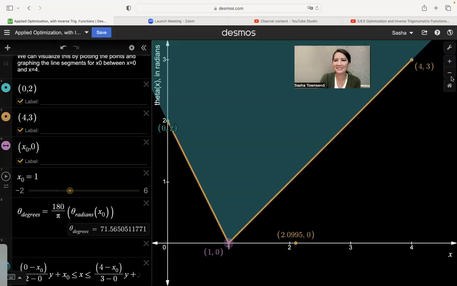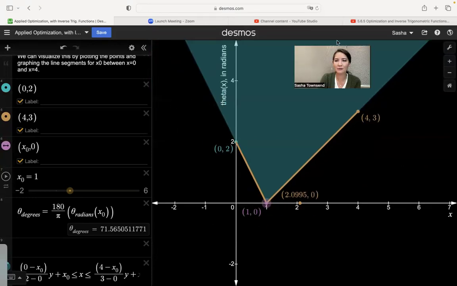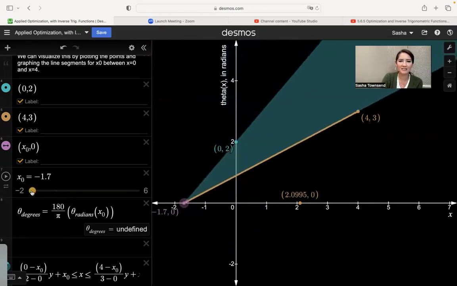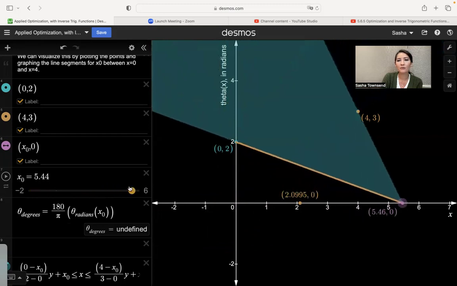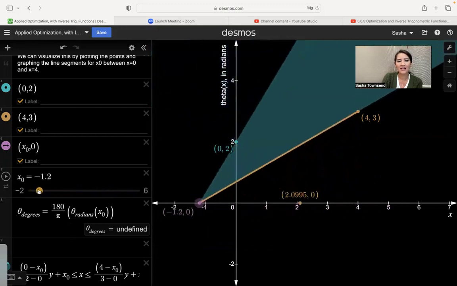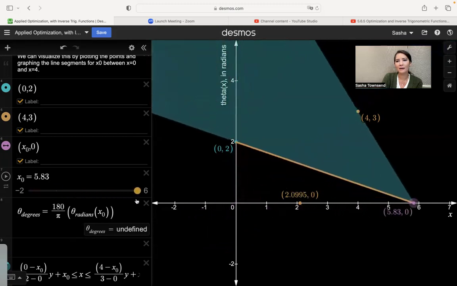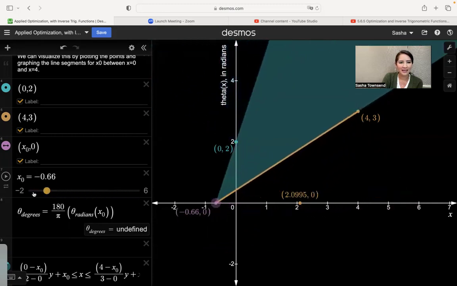So this is our image of those two line segments. We can change the value of x naught. Now, if we want to, we can let our x naught values go beyond the interval from 0 to 4. And it looks like I've done that here. I let x naught go between -2 and 6.